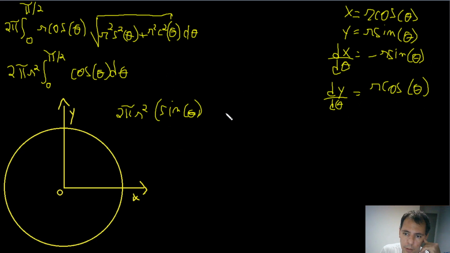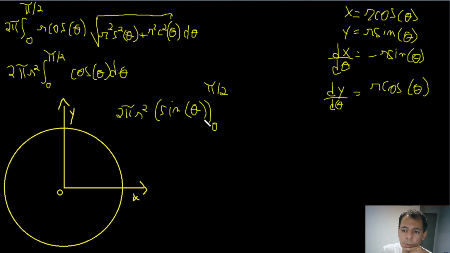This whole thing in here became quite a mess. Sine of theta, and this is going to go from 0 all the way to pi divided by 2.